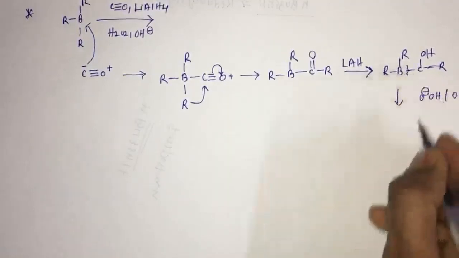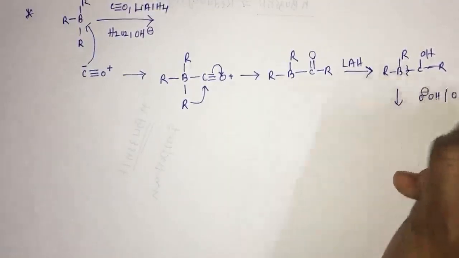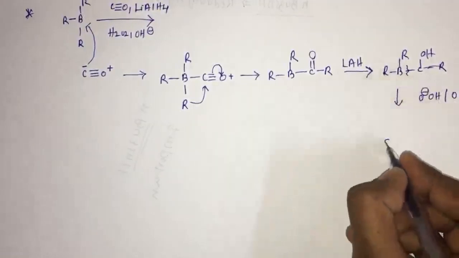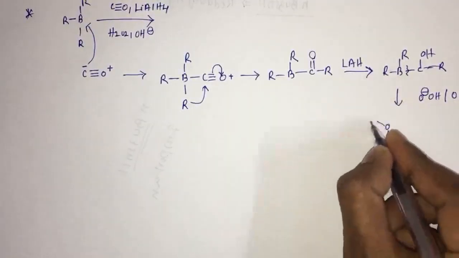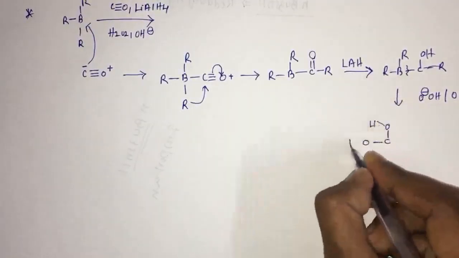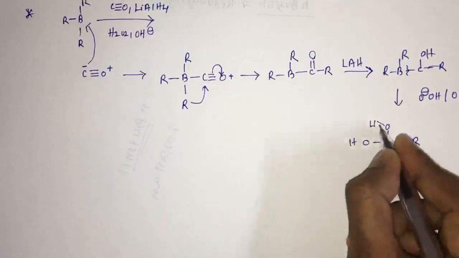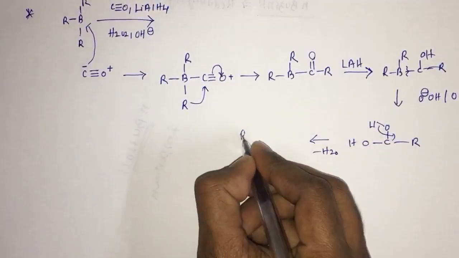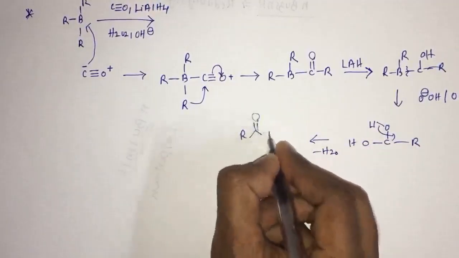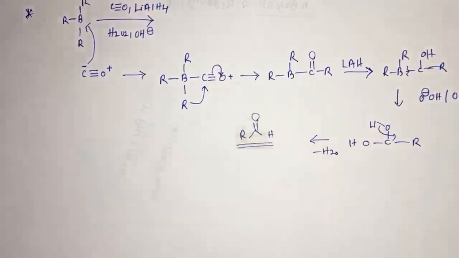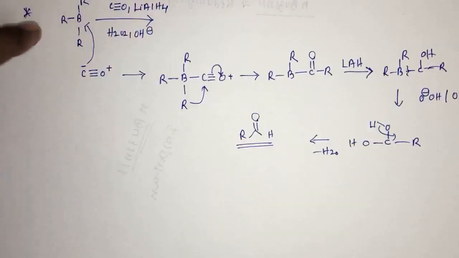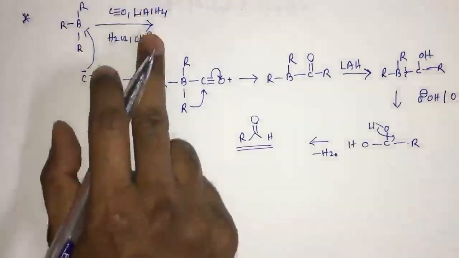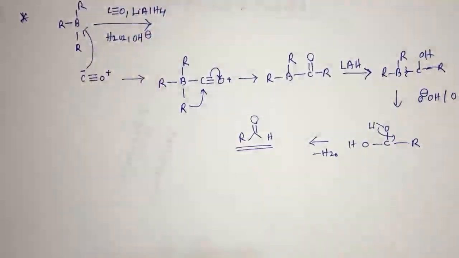So this bond gets cleaved, this OH attacks this carbon, we have OH and R. So upon removing water from this, we will get an aldehyde. So this is the product we will get when we have carbon monoxide, lithium aluminum hydride and H2O2.